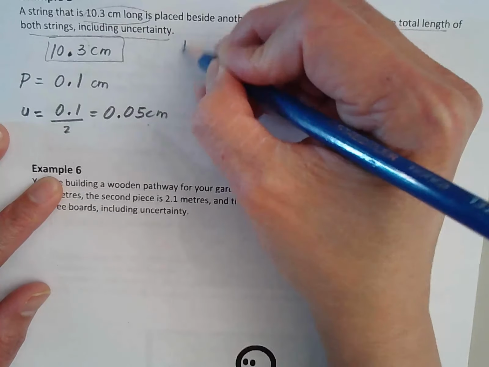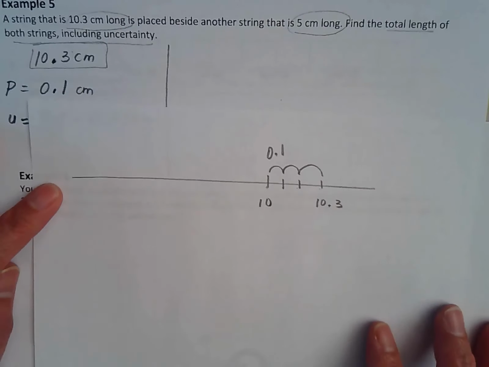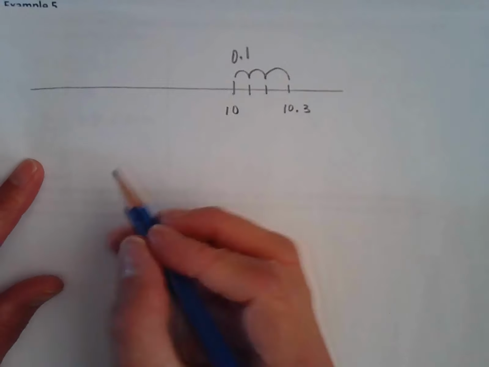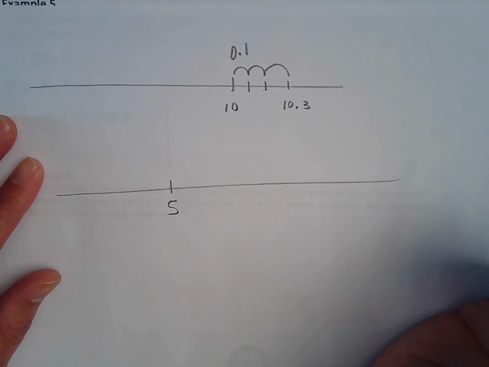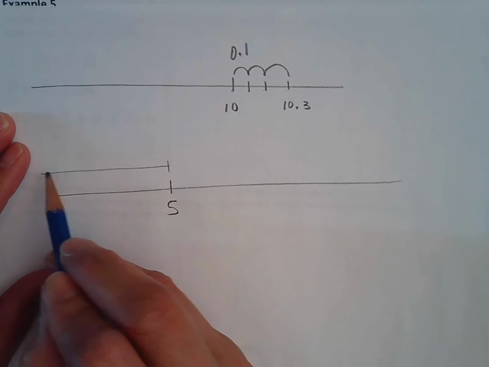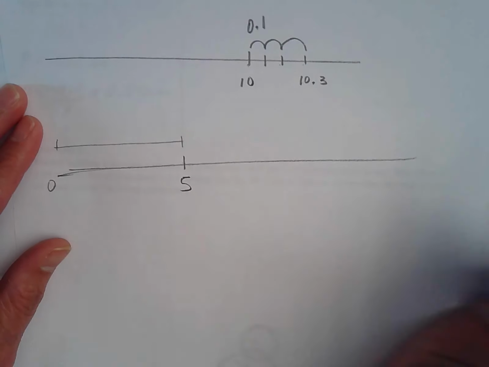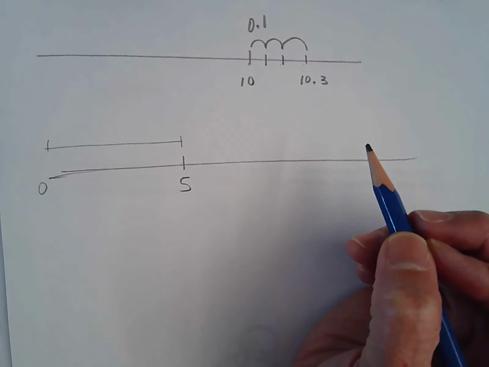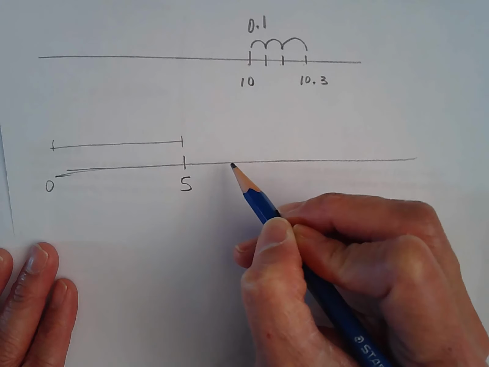Great. Now let's take a look at this one. A next string is measured 5 centimeters long. So let's say this is 5. What do you think is the next one? What's the precision for this one?